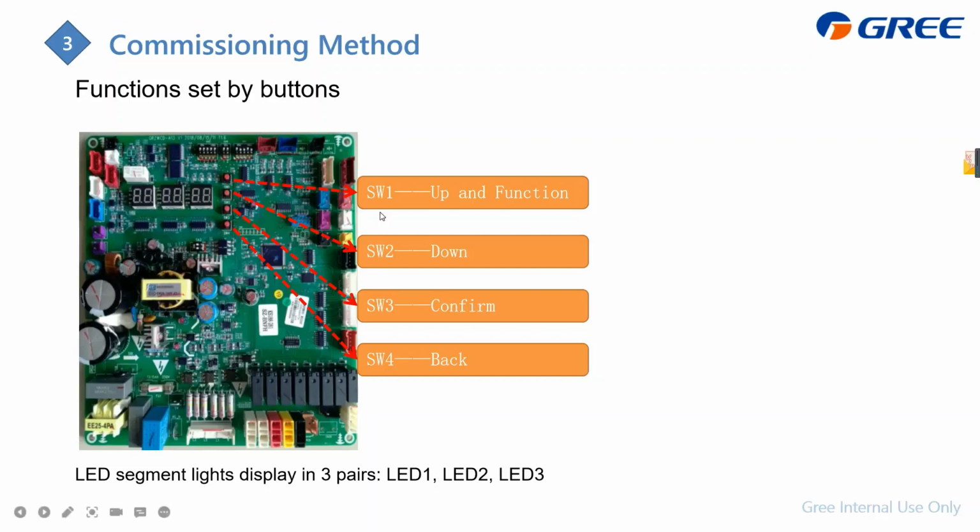SW1 is the up button, SW2 is the down button, SW3 is the confirm button, and SW4 is back, to go back to the last step. And then there are 3 double H LEDs here.